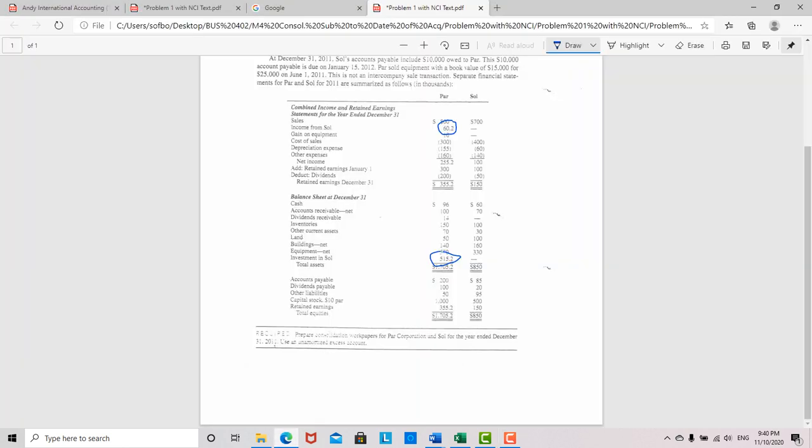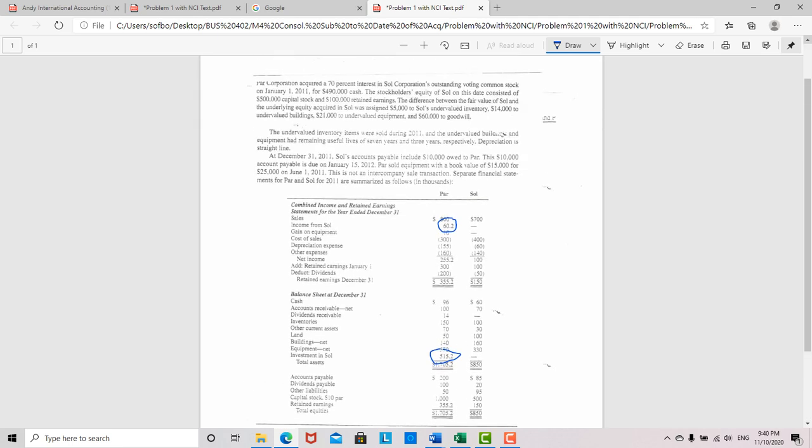And just to recall, it's a one-year acquisition, 2011 problem. The shareholders' equity consisted of... the parent bought 70% interest in the subsidiary for $490,000 cash right there.